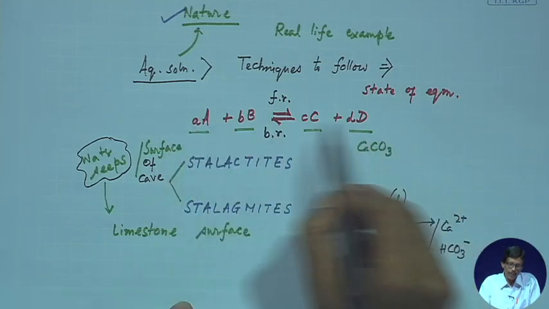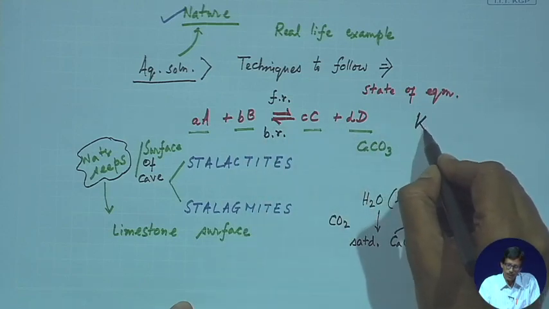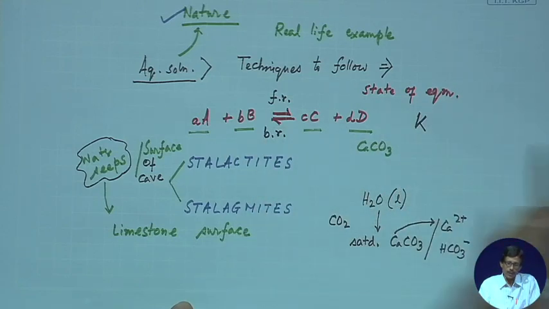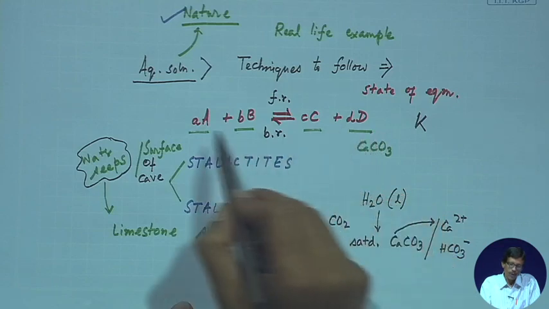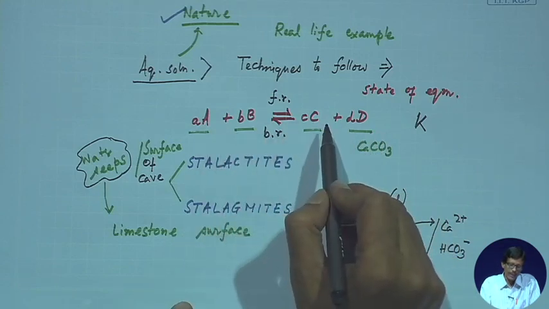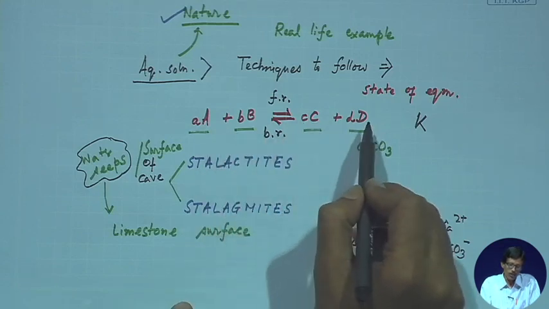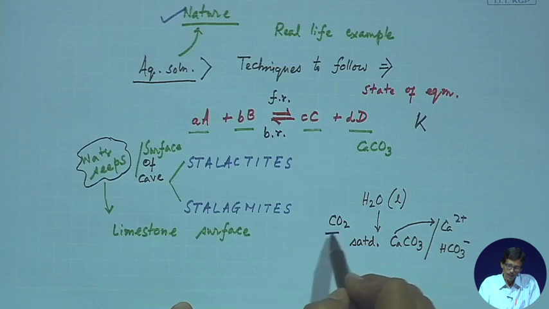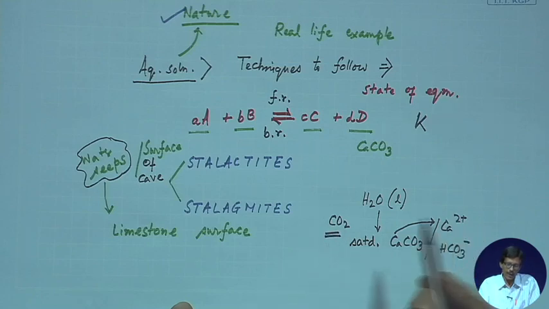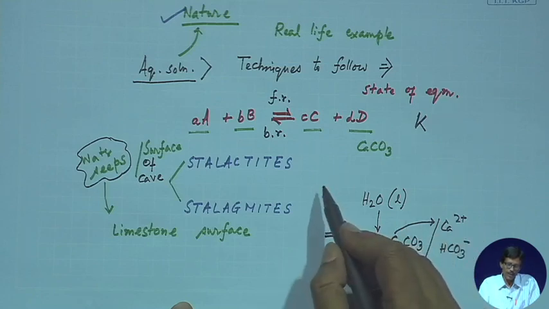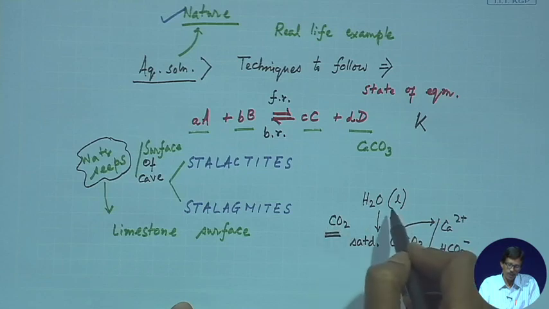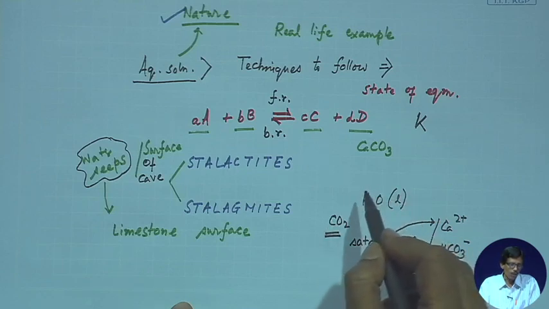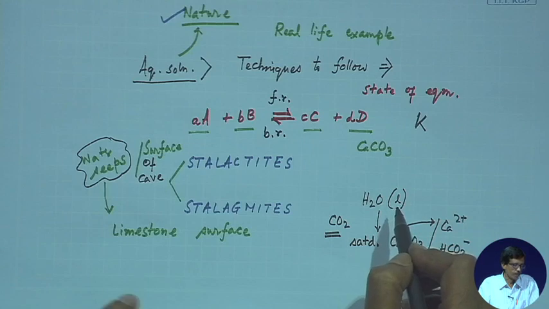Depending upon the magnitude of the equilibrium constant of the chemical equilibrium, we can have some idea of how much C and how much D is there, that means how much Ca2 plus and how much bicarbonate is there. One of the components of that reaction is gaseous carbon dioxide, which is present in the environment or in the dissolved form in the liquid water.